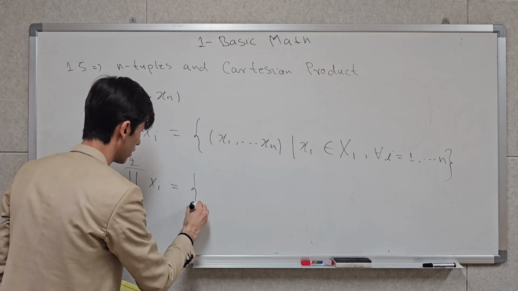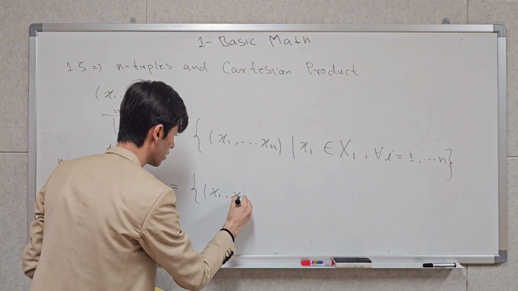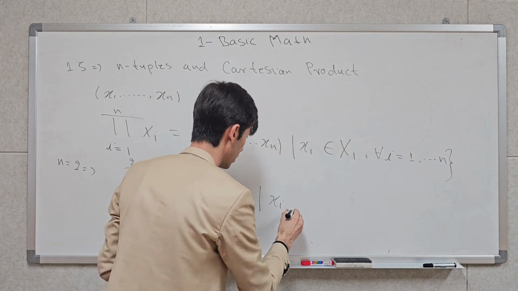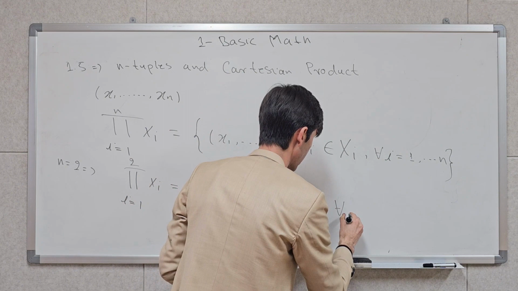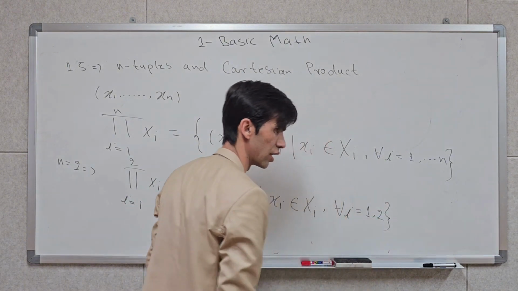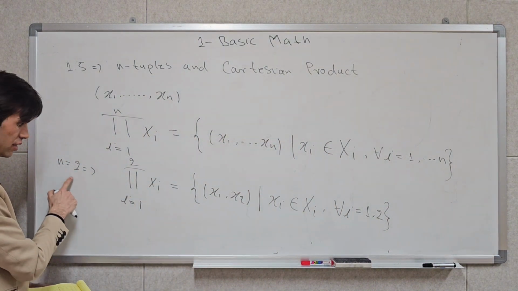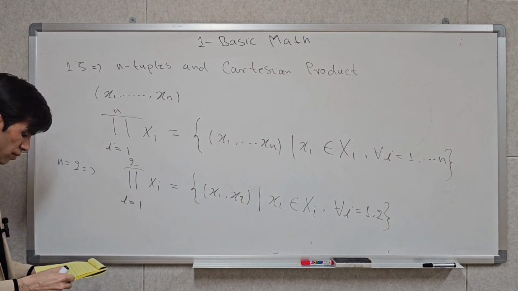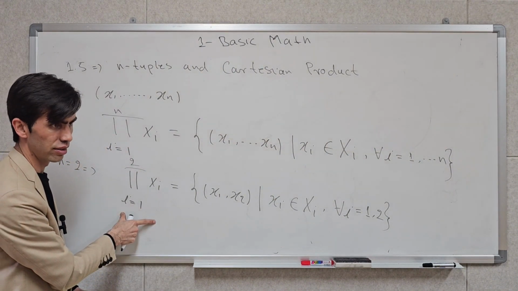Then we have only a vector of two elements, which is equal to (x1, x2), such that xi is in X_i for every i equal to 1 and 2, because we have only two, starting from 1 and moving to 2. Like this one, we can easily write it down in a graph.